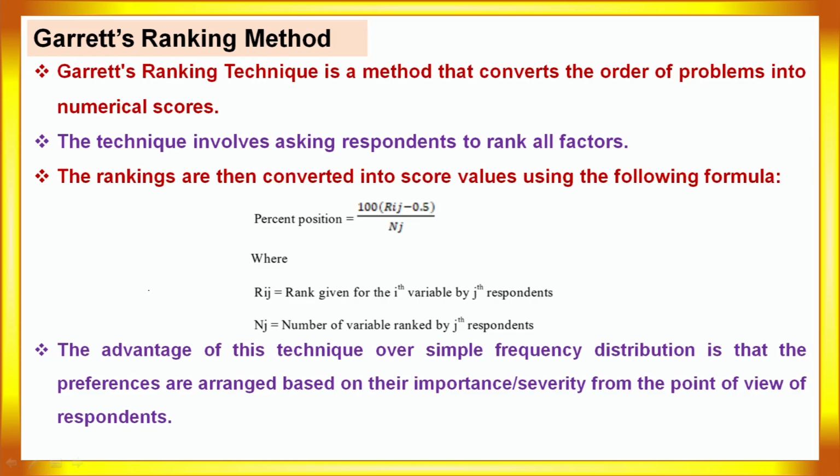And as I already told, especially in social science research, like agricultural social science, agricultural extension, agricultural economics, many research studies examine the constraints being faced by farmers, constraints being faced by students, or maybe the seriousness of a particular problem.